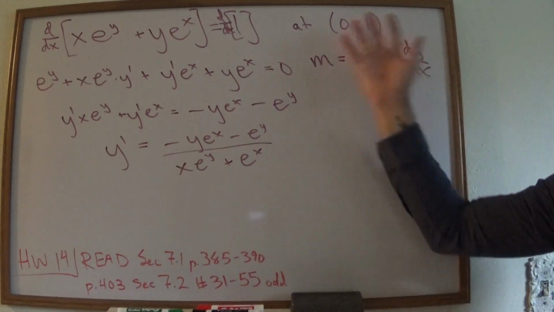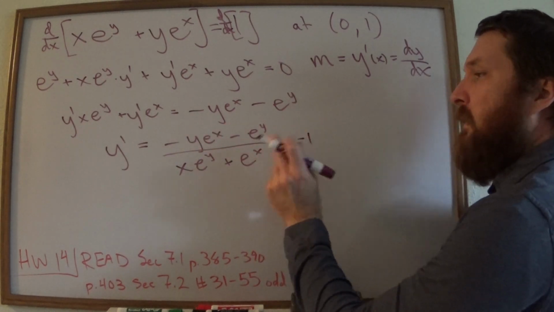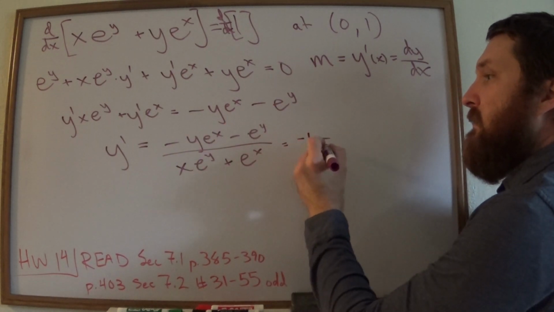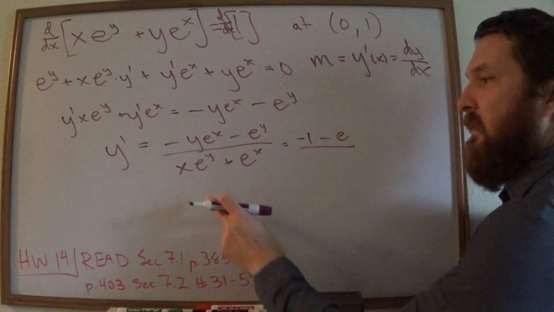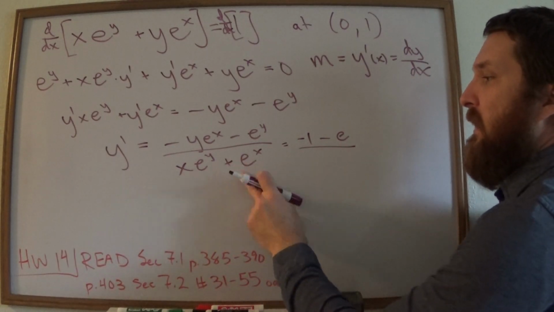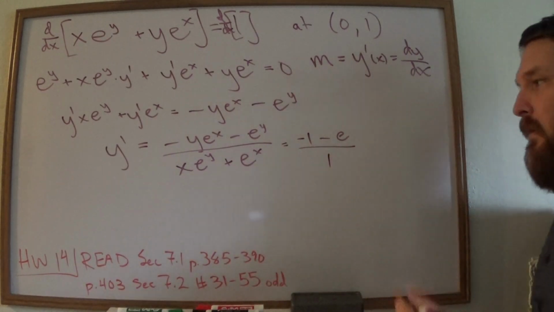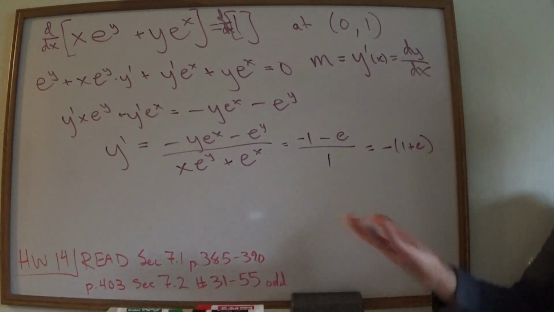Now I plug in my 0 and my 1. I get negative 1 minus e to the 1, which is just e. The 0 is gone, and that's a 1. So how about negative 1 minus e?